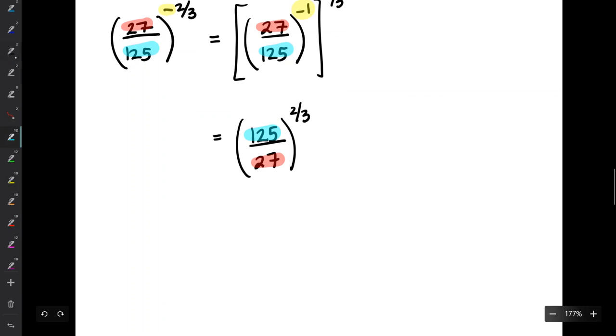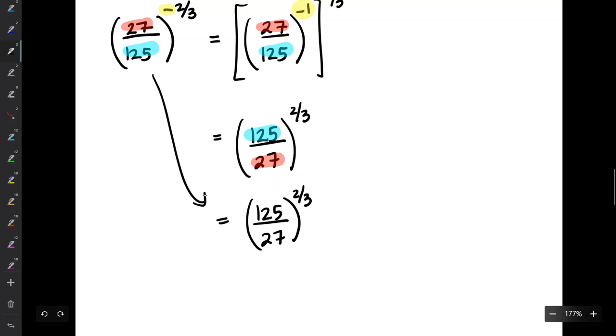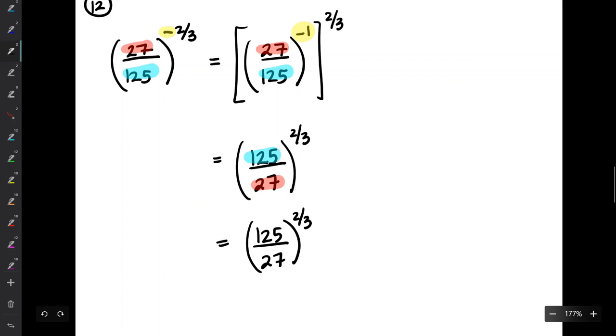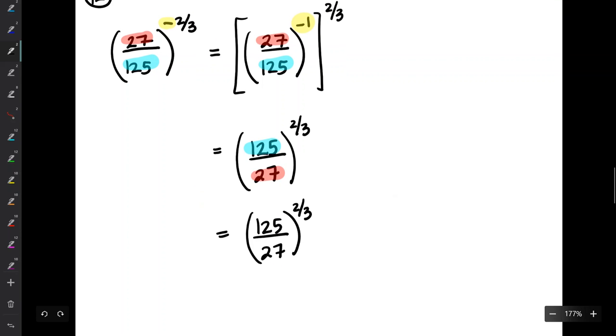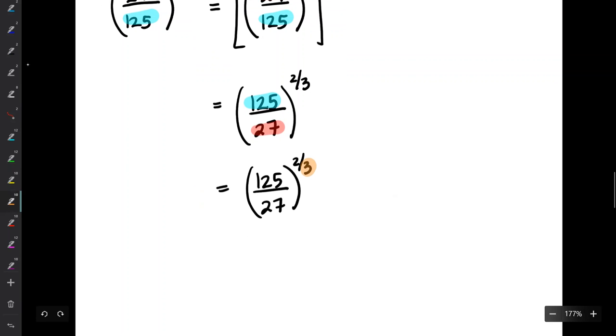All right, I'm going to just rewrite this problem without color. So all I did, and you can go straight here, is deal with that negative exponent, saying that's notation for reciprocal. Now I'm going to deal with the root. Remember, the denominator is the root that you were taking.